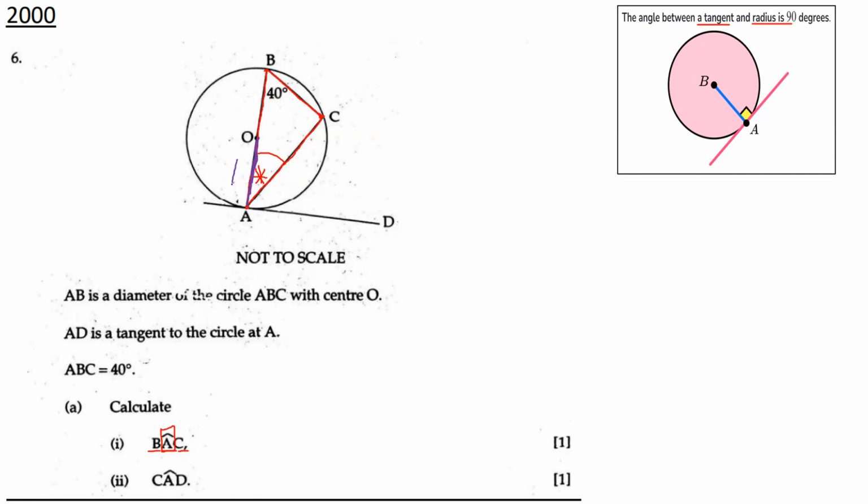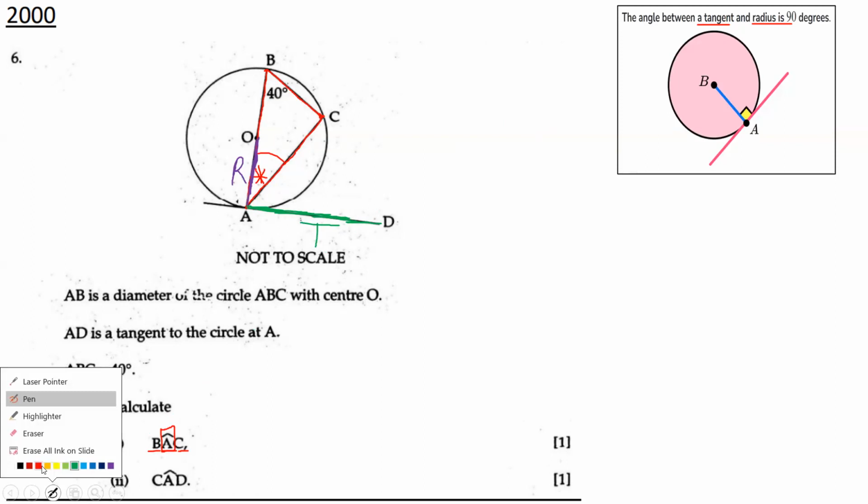Let's call that capital R. And then this line here, I'm going to denote it using green. This line in green is what we call the tangent line. So the angle formed between the radius and the tangent line, according to the theorem, is 90 degrees.